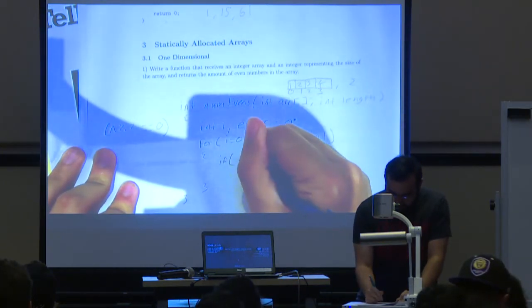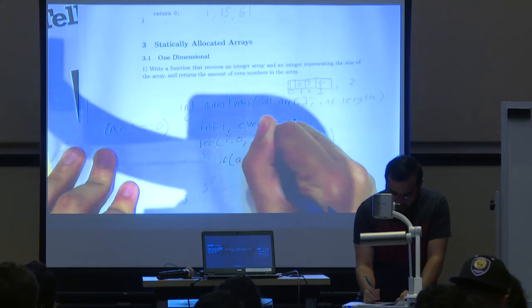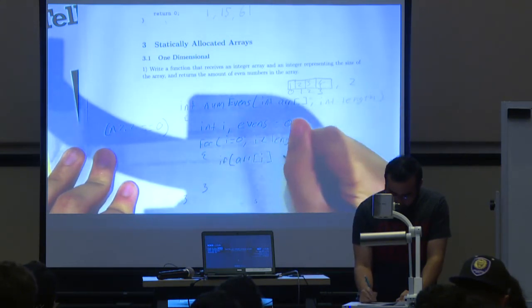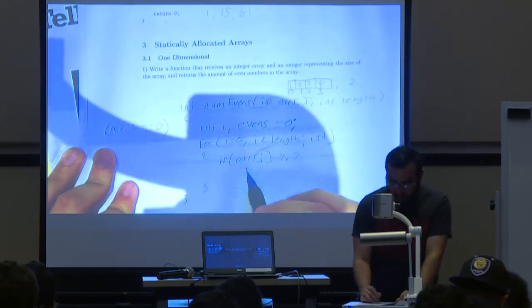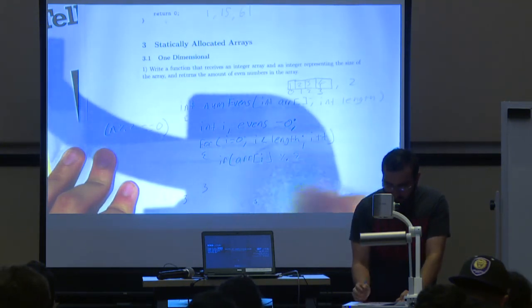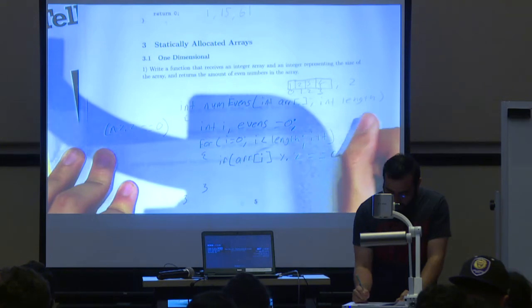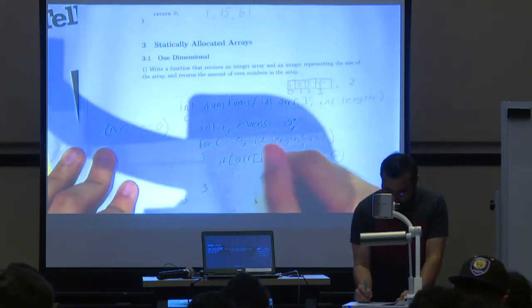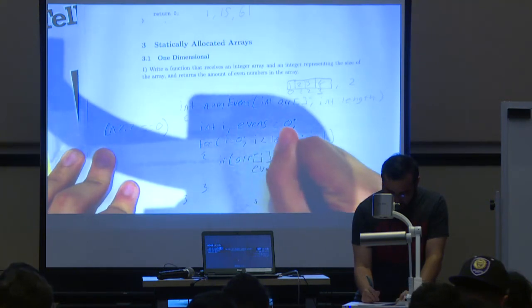We can just say if the array at position i mod 2, so here we're saying if the element in array at position i mod 2 is equal to 0, so if it's evenly divisible by 2, I'm just going to increment evens by 1.